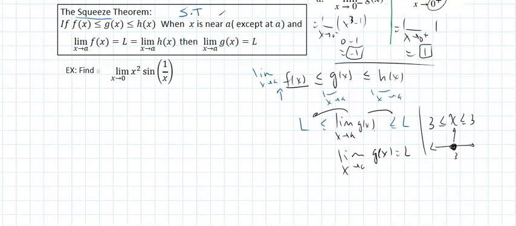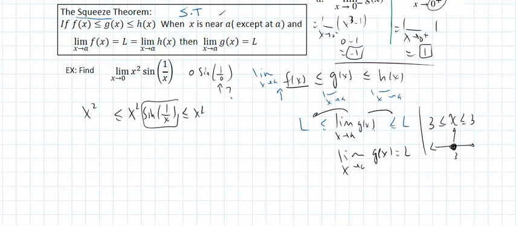So I look at something like this. If I substitute 0 in, that's 0 times the sine of 1 over 0. We have a problem. We don't know what to do with that. But I know trig. I know the biggest and the smallest a sine could ever be.